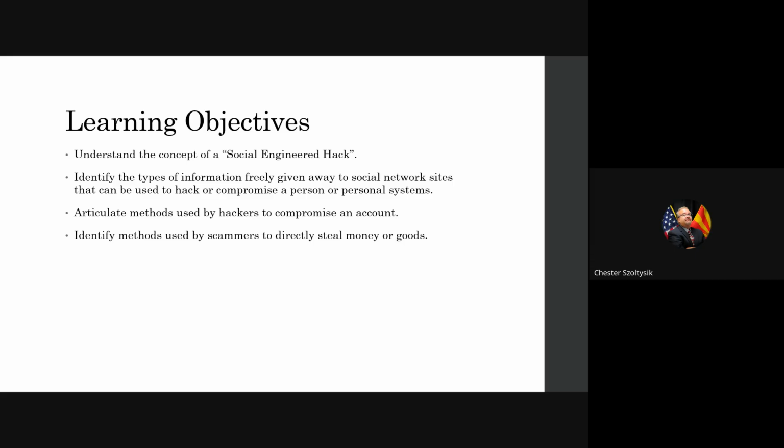And I'm going to show you some maybe potentially mind-bending things that we can find on just a random person on the internet. So I think you'll find that interesting. And articulate the methods used by hackers to compromise accounts. You should leave this with a pretty good understanding of that. And identify methods used by scammers to directly steal money or goods. We're going to talk about that a little bit too.